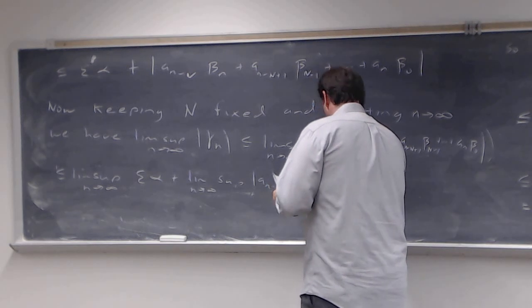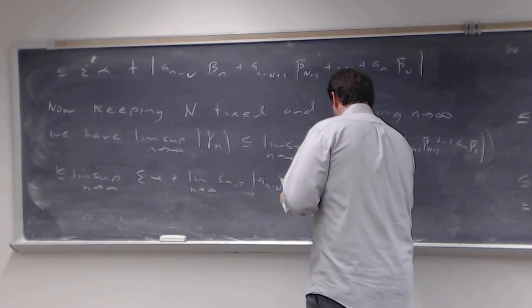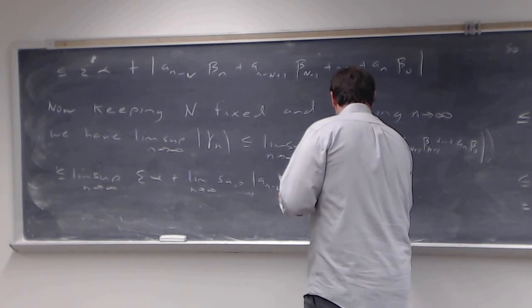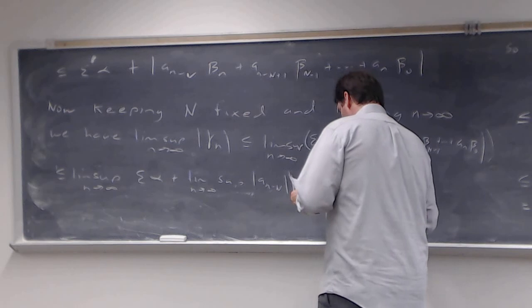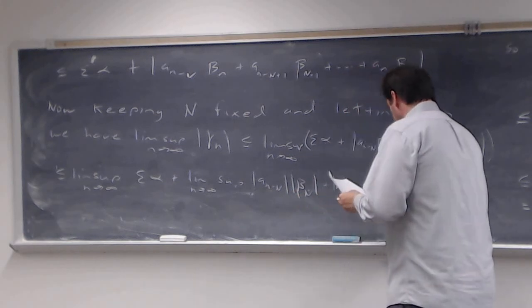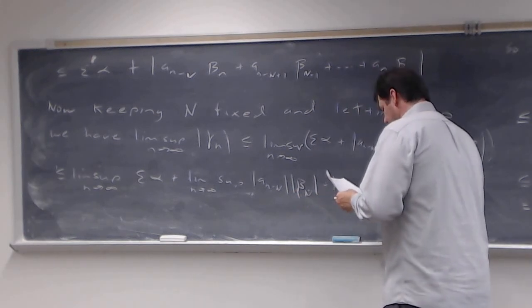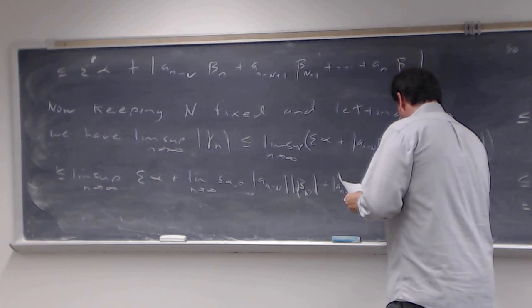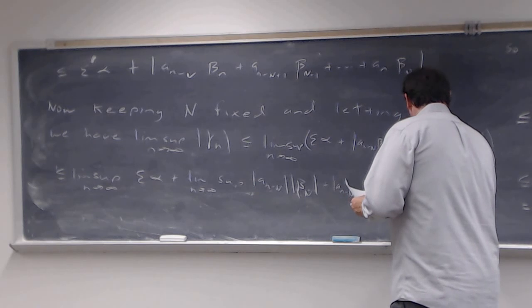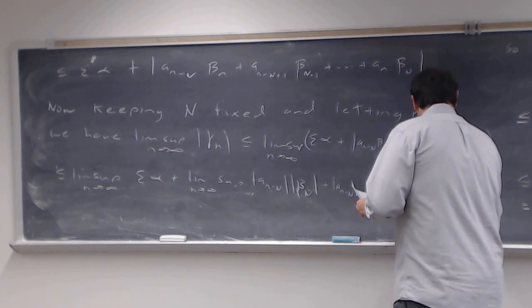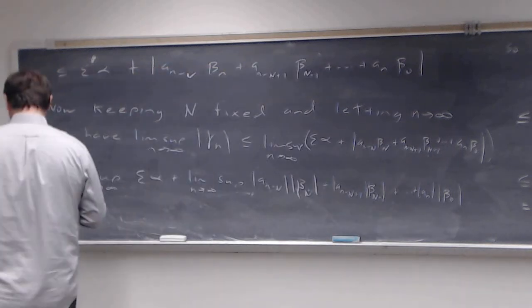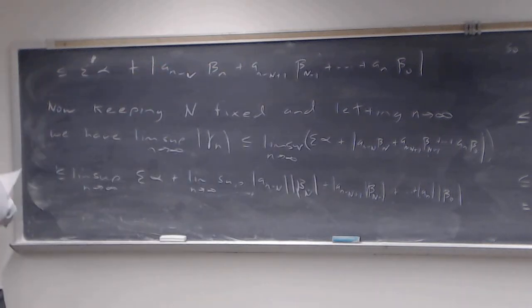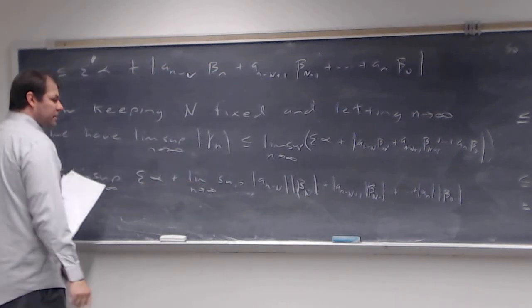Plus the norm of a sub n minus big N plus 1 times beta sub big N minus 1. Both of these are norms. And then plus all the way up to the norm of a sub n times the norm of beta sub 0. Now, that goes to 0.